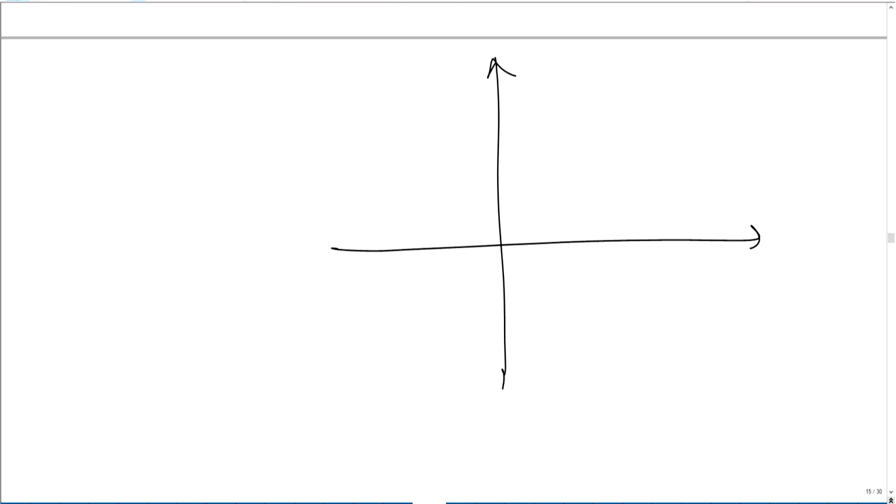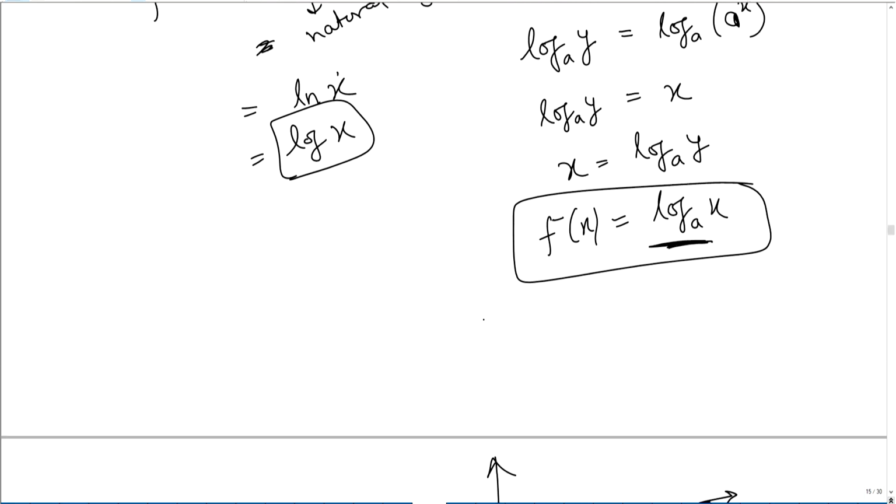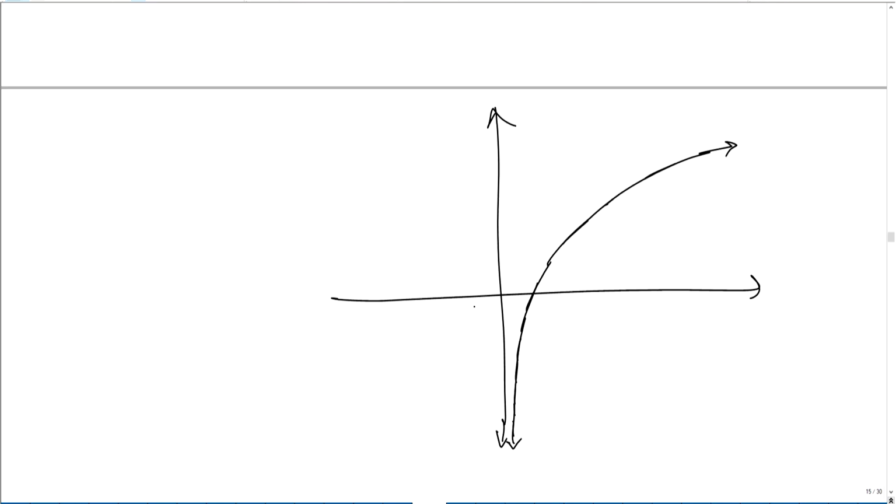The graph of logarithmic functions we have seen before looks like this. We draw the graph of the inverse function, and it looks like this. In your calculators you would always have this logarithmic function, so you can always find out what log of 1, log of 2, log of 3 would be.